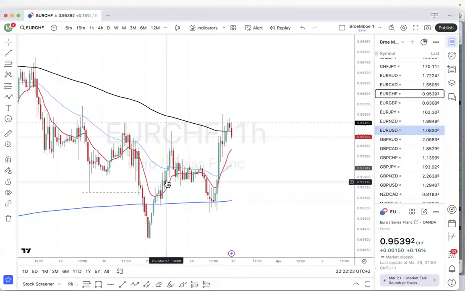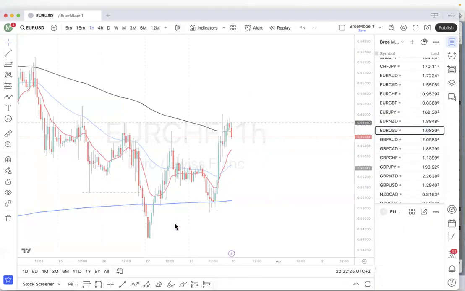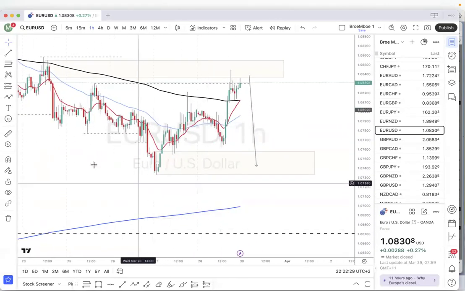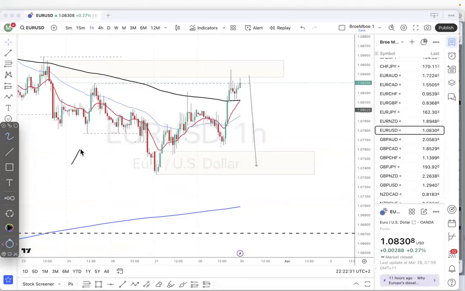Same thing is there also on Euro USD. I was looking at it yesterday when I was studying, and I said the last low to be taken out is this one, so being taken out by this high. So what it means is for us to confirm our buy, we need to have candles closing above here.